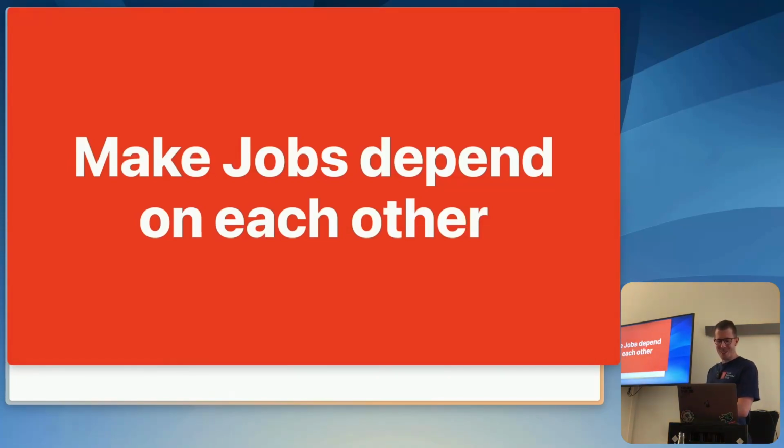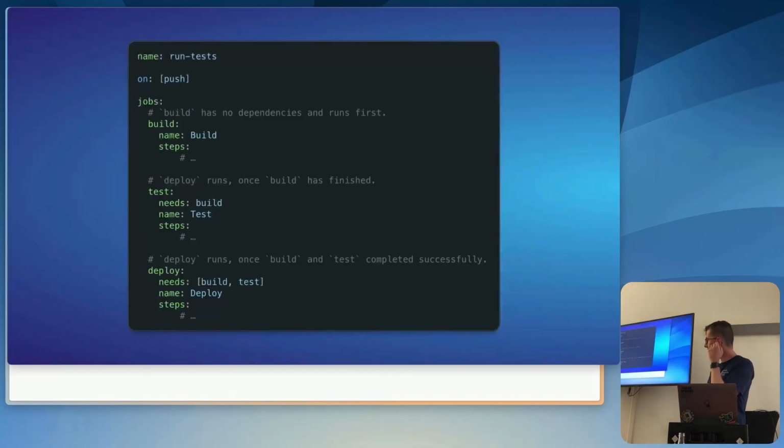Another cool feature I would like to mention is that you can make jobs in a single workflow depend on each other and wait for each other. And the keyword here is needs. Like the strategy keyword, we just add a needs key to our job definition to tell actions that this job should start only running once all the other given jobs have completed successfully. And in this example, we have 3 jobs, build, test, and deploy.